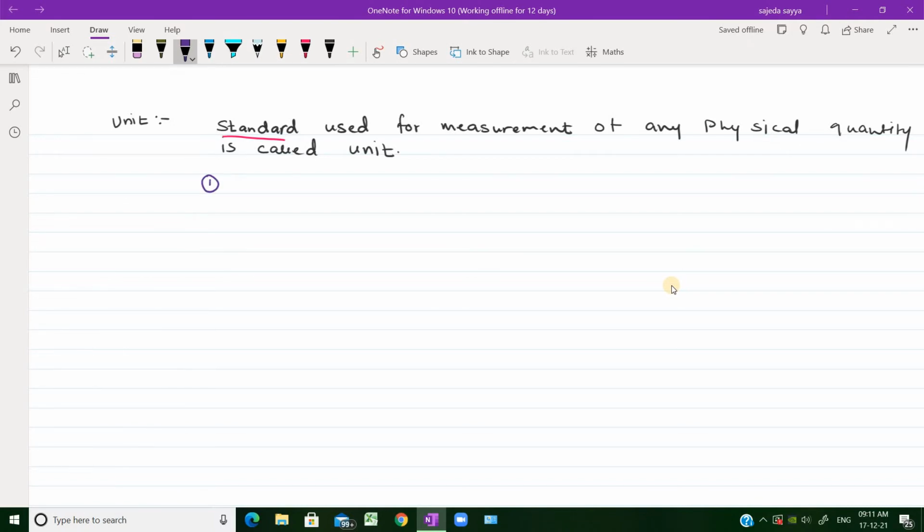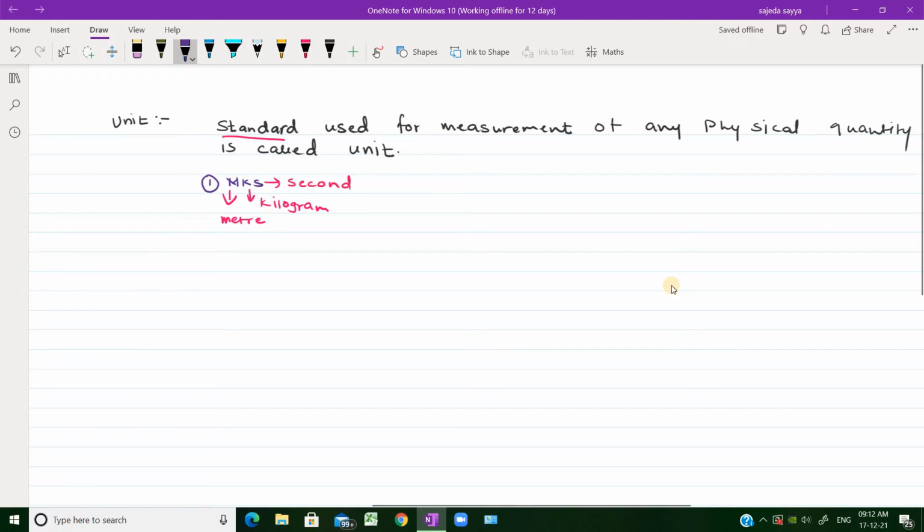Let me introduce a few of them. MKS, where M stands for the unit for the measurement of length, meter. K is the unit used for the measurement of mass, kilogram, and S is the unit for the measurement of time, that is second.